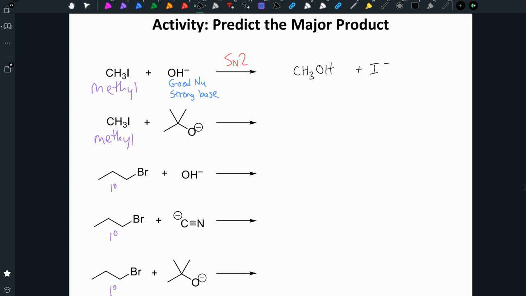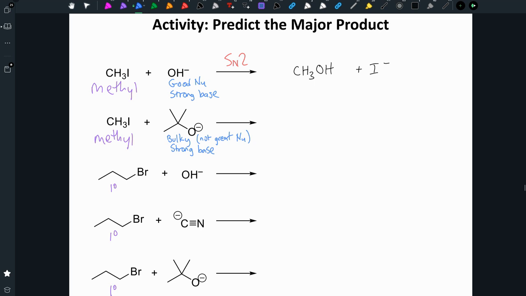In my second case, I see that I have a bulky nucleophile, so not a great nucleophile, and it's also a strong base. Now, normally when I see this tert-butoxide ion, I think, ooh, that's a bulky base, this is going to go E2.